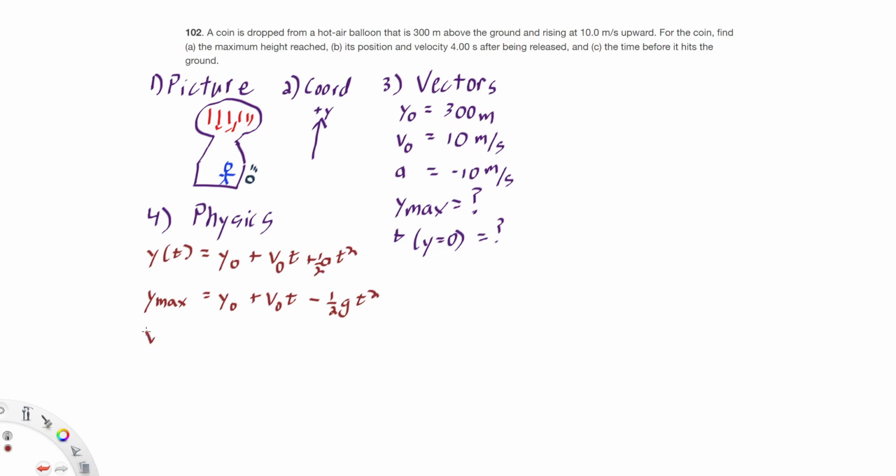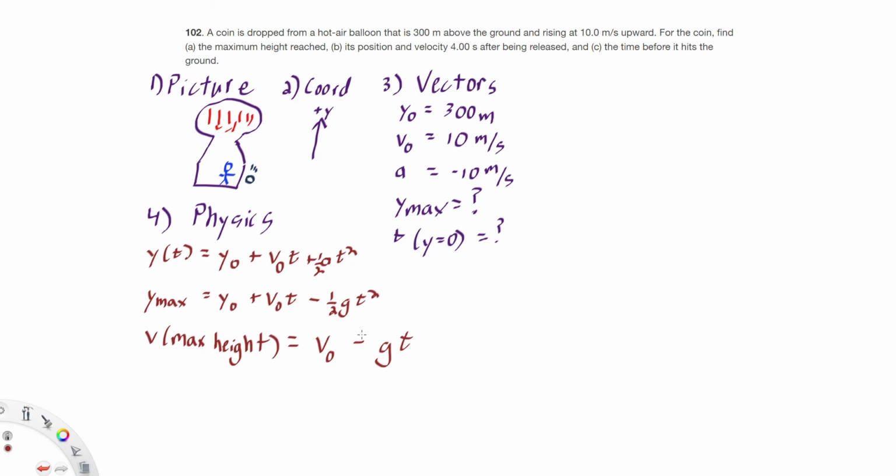So the velocity at max height is equal to the initial velocity plus acceleration times time. So acceleration being minus g in this case.